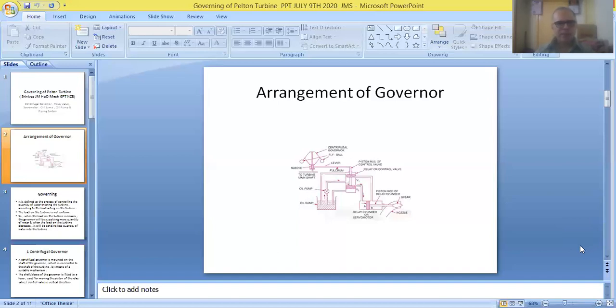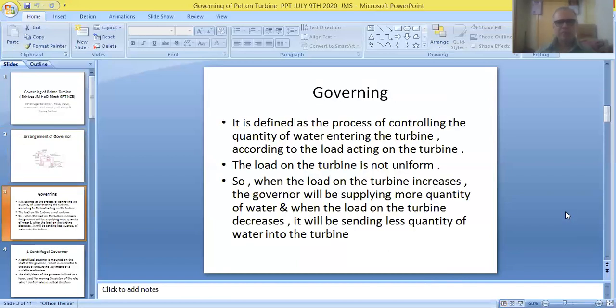And friends, before closing the session, let us make a quick review of the things which we have seen in this session. So the definition of governing is given in this slide.